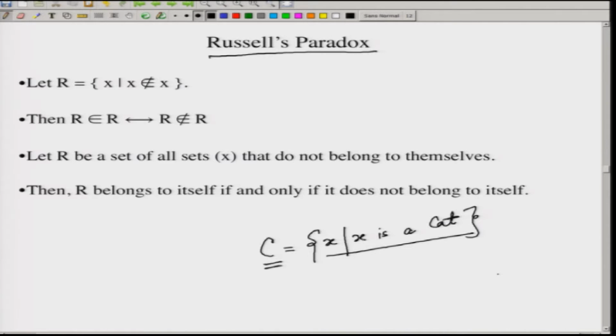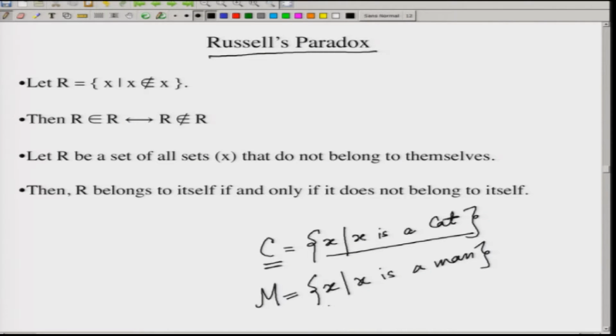Now, how is the membership decided? I take a cat. For example, I take another set M. M is a set of all x such that x is a man. Now, I plug in a constant at both places of x.